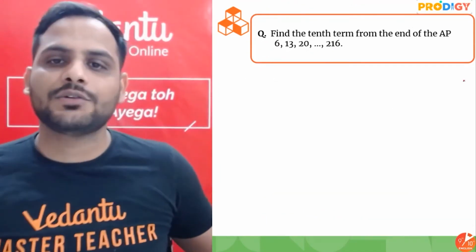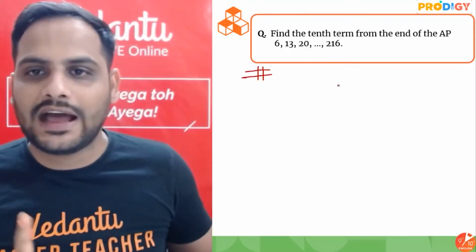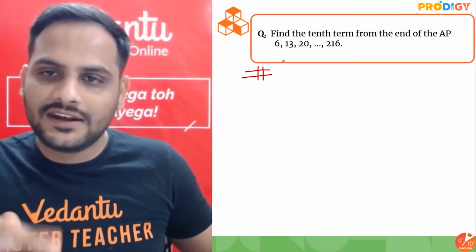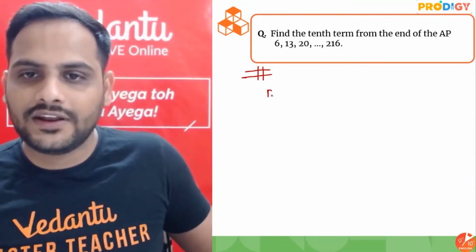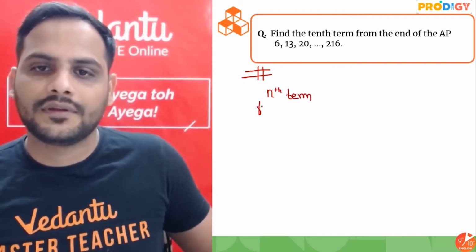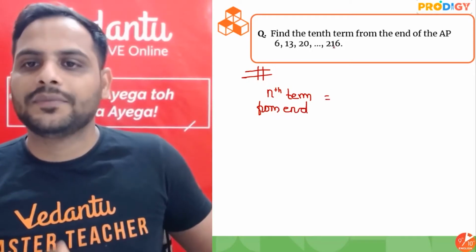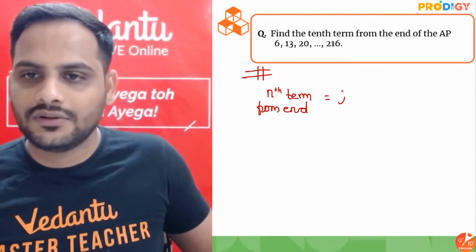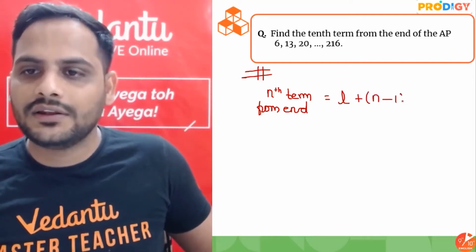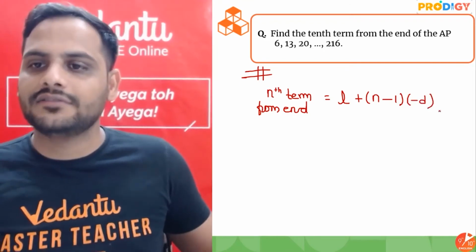Now you can do this directly also. Beta, if I give you the formula, look, I know the general term formula is A plus N minus 1 into D. So when I reverse this AP, the formula for the nth term from the end will be: the last term becomes the first term, so it will be A plus N minus 1 into, and I know when I reverse the AP the common difference becomes negative.